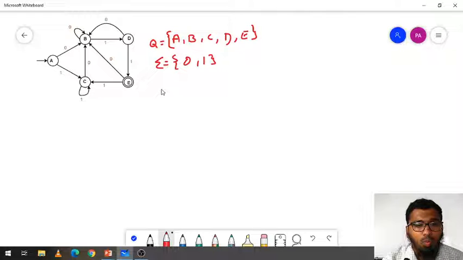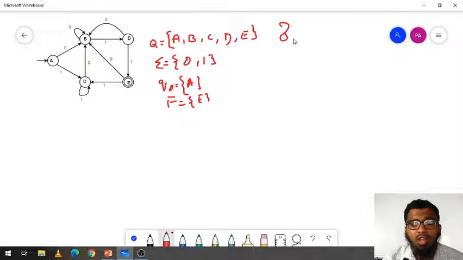Now what is Q0? Q0 is A, and the final state is E. And delta, we need to draw the delta table.